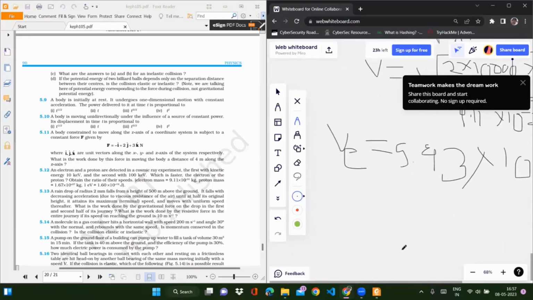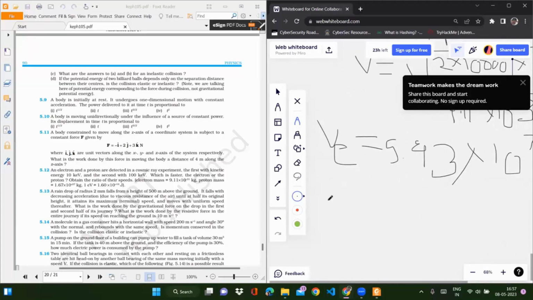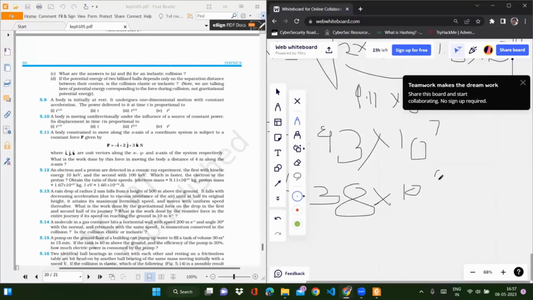So this will come out to be the velocity of electron, and in the same way the velocity of proton will come out to be 4.38 into 10 to the power 6.